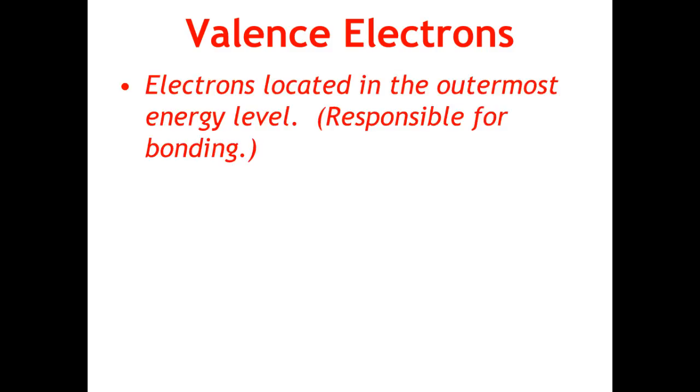Valence electrons simply means the electrons located in the outermost energy level. So when you write your electron configuration, it is the highest energy level that you have, and those electrons are located in the outermost energy level. That's responsible for bonding, meaning the reactions take place on the outermost shell, those outermost electrons.